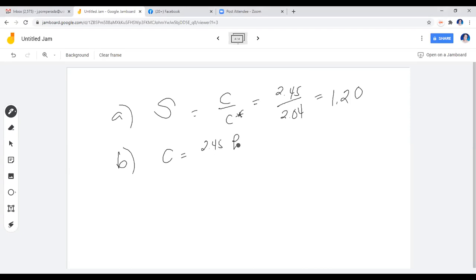This is 2.45 kilogram sucrose per kilogram water, right? So what do I do? Kilogram sucrose per kilogram of solution. So what do I do now? I need to convert to the unit kilogram sucrose to kilogram solution. What do I do? My C, sorry.